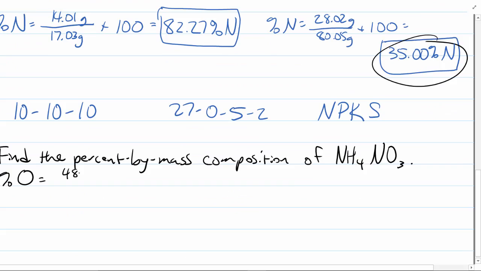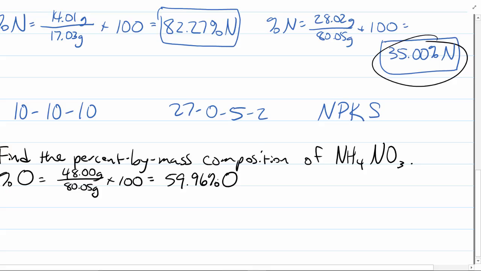So again, 48.00 grams over the whole amount, which is 80.05 grams. And multiply that result by 100. If we do that, we wind up with an answer of 59.96% oxygen.